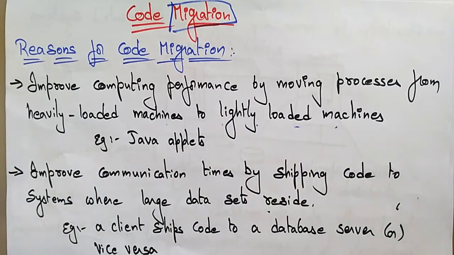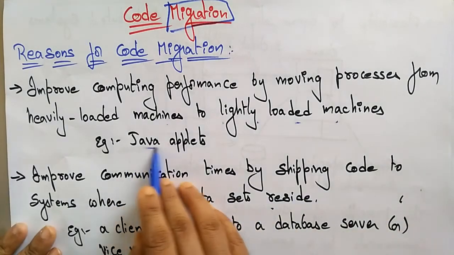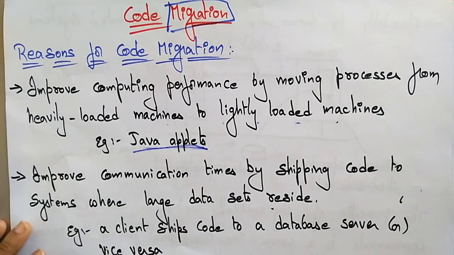Obviously, if you place some code on heavily loaded machines, and you want to work on a lightweight machine rather than a heavy machine, you can migrate that code from the heavily loaded to the lightly loaded machine. You just copy the code from the heavy machine to the lightly loaded machine by installing some software. An example for this is Java applets, which run on lightly loaded machines.